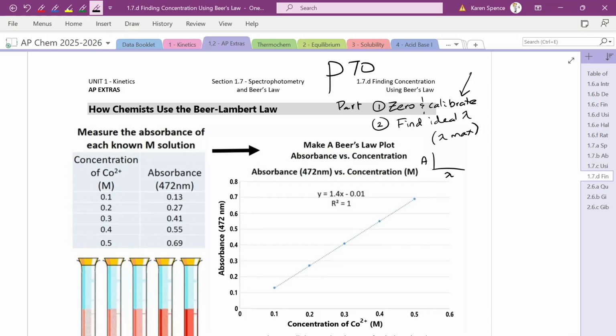What would you expect to happen to your results? We'll talk about that in a little bit. But for now, we're going to just finish this up. So find lambda max, and then after that, this would be like a part 3.